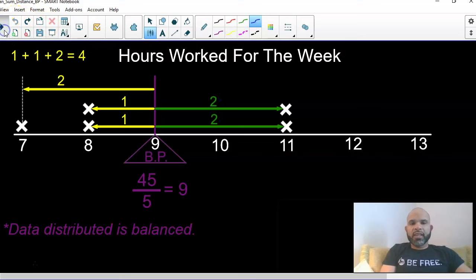Well, what do we get there? We get 4 as well. So because we have the same sum, we know that our data is distributed and it's balanced, right? According to our balance point. So we know our balance point is accurate, okay?